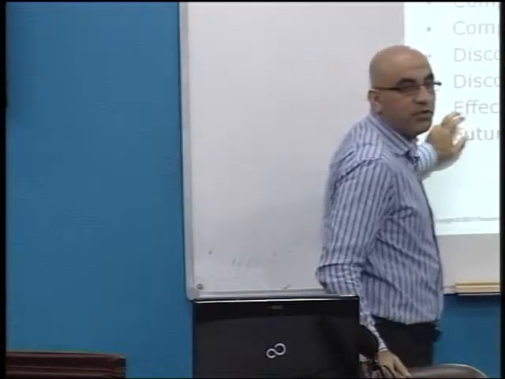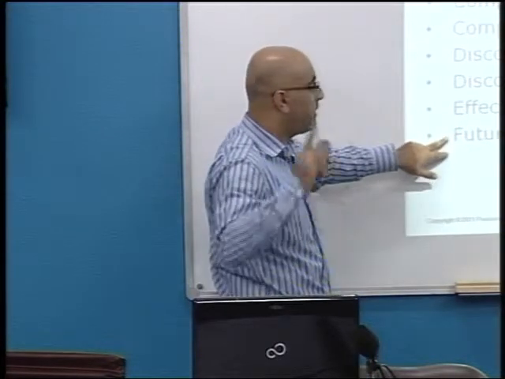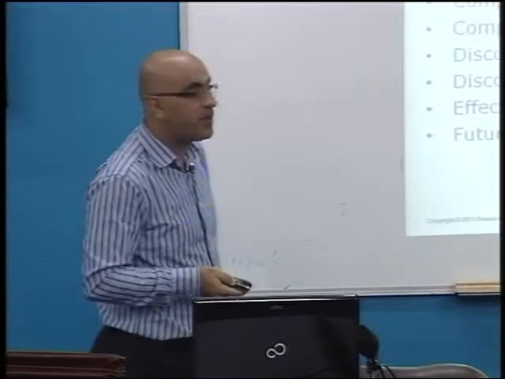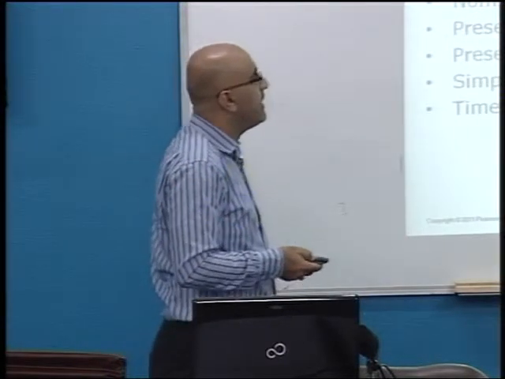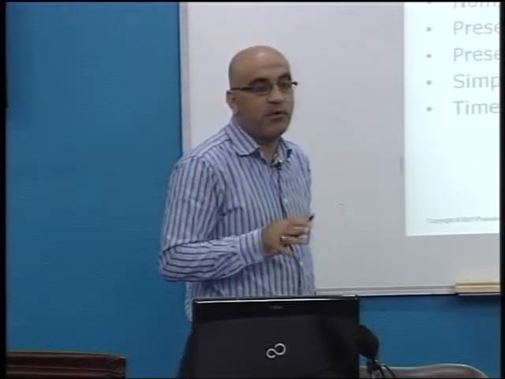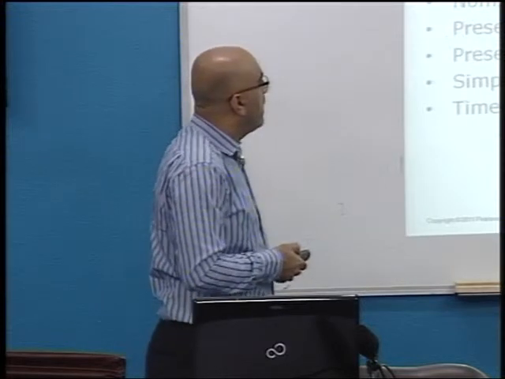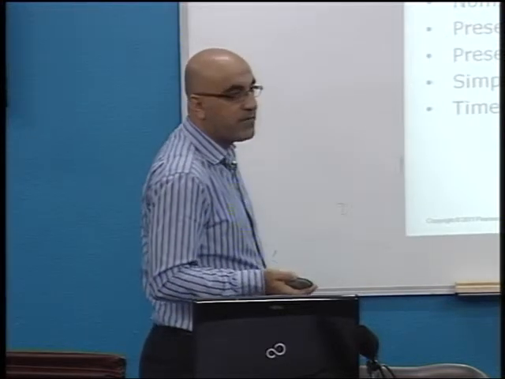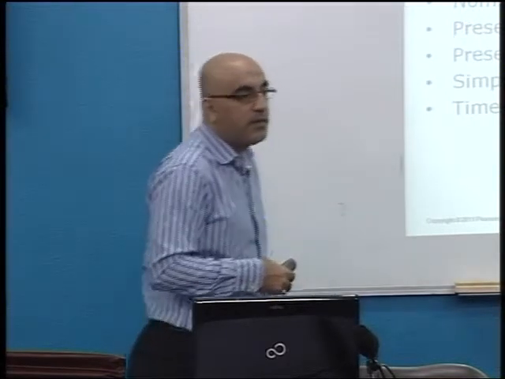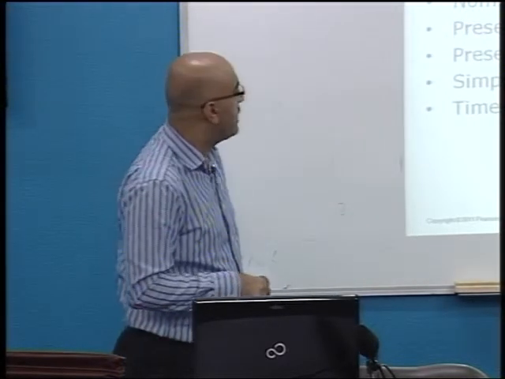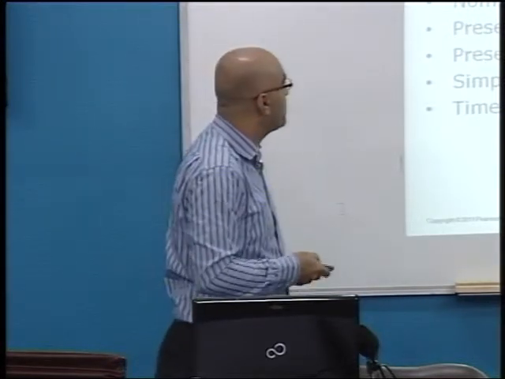Effective annual rate, we know it and its equation. The future value is the future payments. The nominal rate is the same as the effective rate. The present value is the value of today. Simple interest is no compounding for the interest rates, and timelines, we talk about cash flow streams.